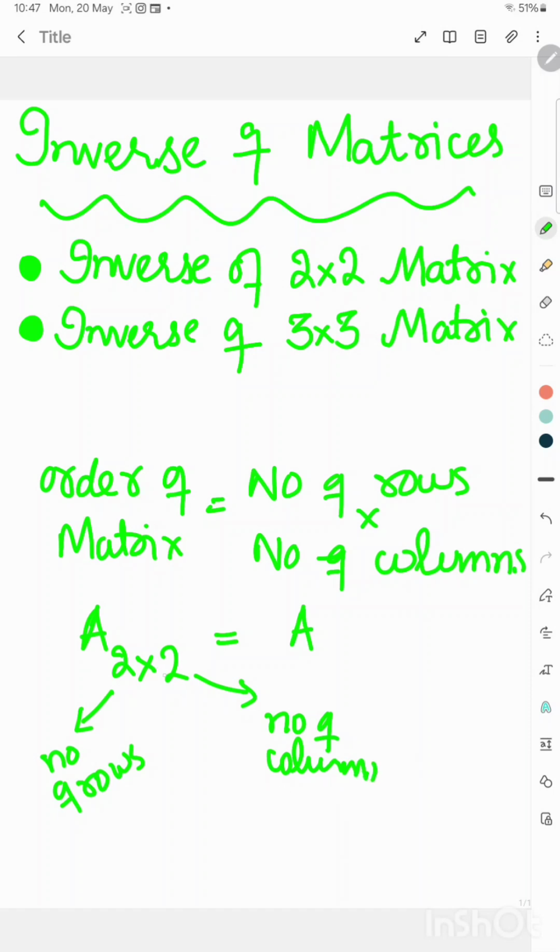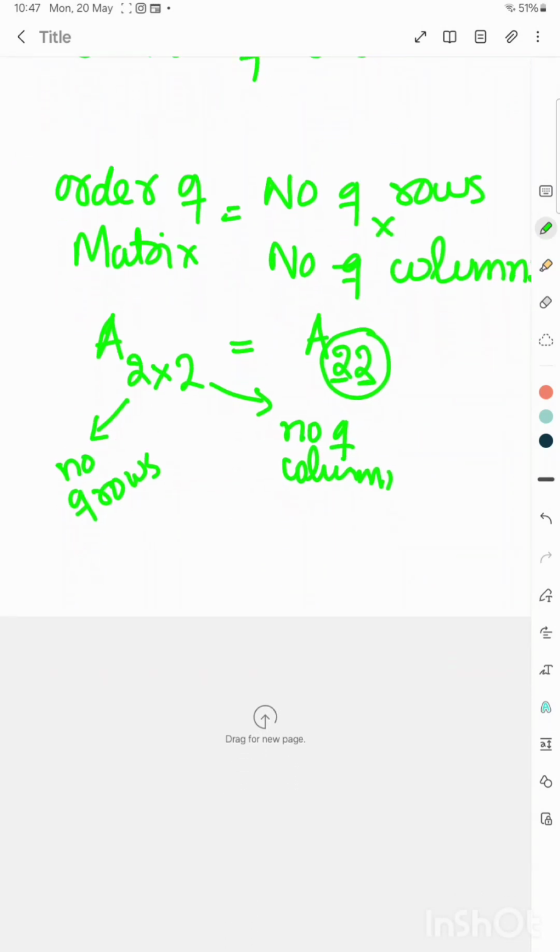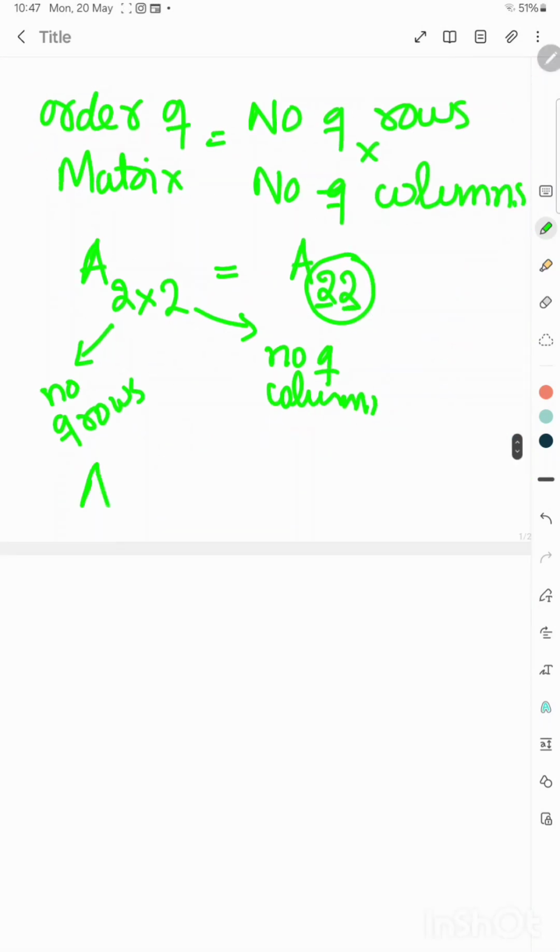So here A 2 cross 2 will be written as A22, and the left number means that this matrix has 2 rows, and the right number shows that this matrix has 2 columns. So you understand what 2 cross 2 matrix means.